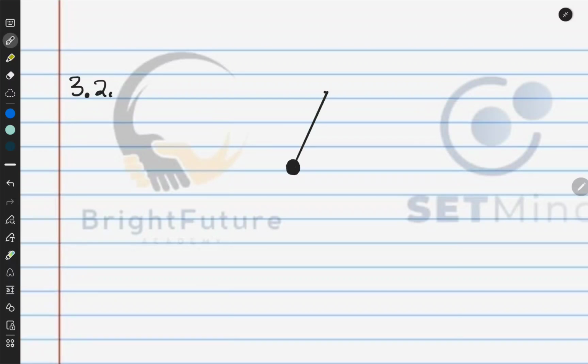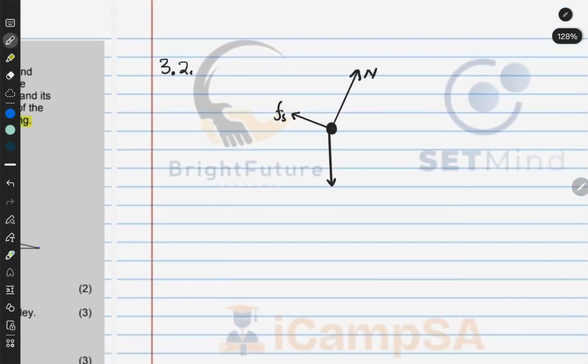So now we have this normal force, like we said, and then we will have weight acting straight down, and then we had friction going that way. Let's call it Fs. I'll call it Fs for now. So this is our free body diagram.